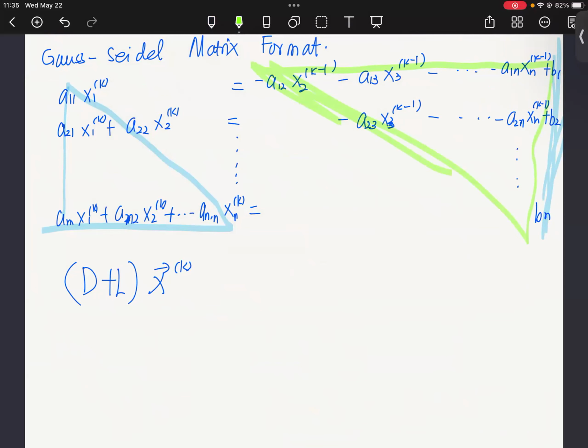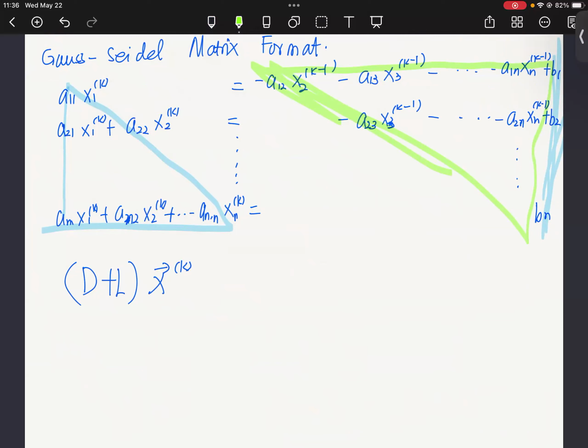Because we don't have the x1 item here, we don't have the x2 item here, we don't have the xn item here, this is an upper right triangular part, but without the diagonal element, a zero diagonal.